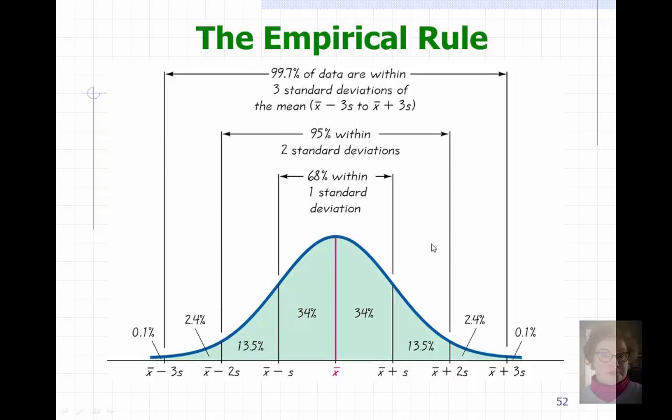And 99.7% of the individuals will have an IQ of between 55 and 145. And then there are those people who are above 145, those people who are below 55. Does that make sense? So I want you to think about that.